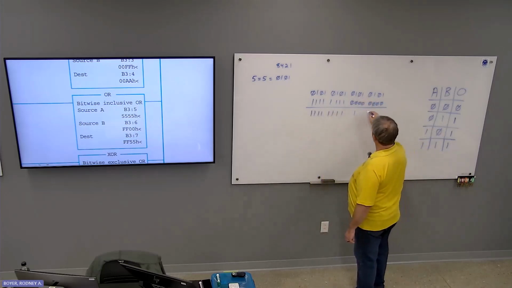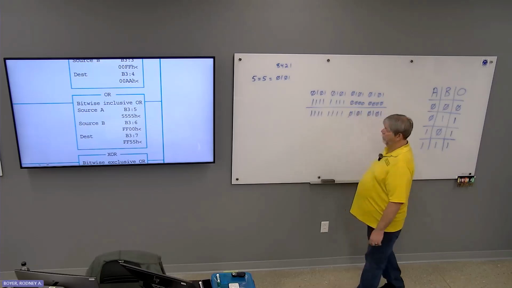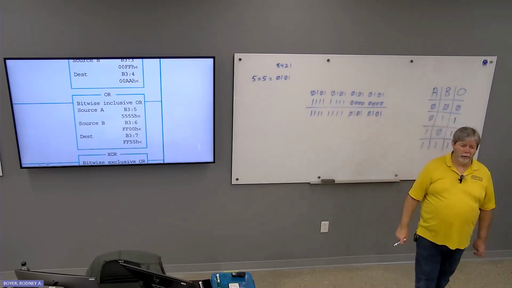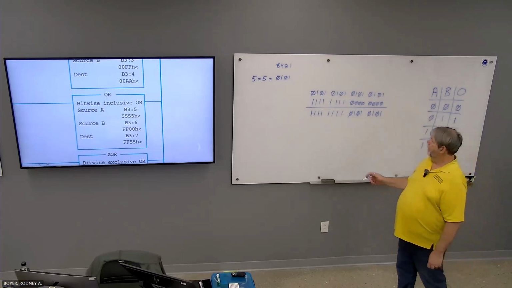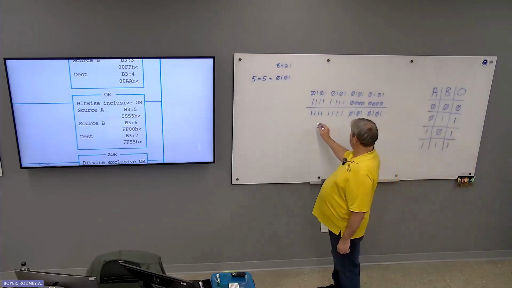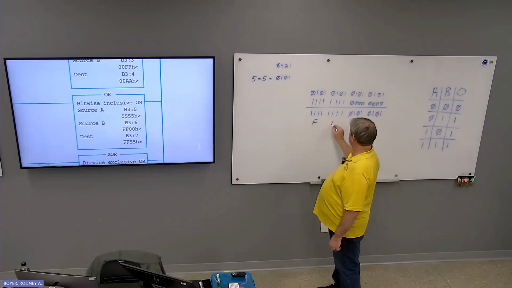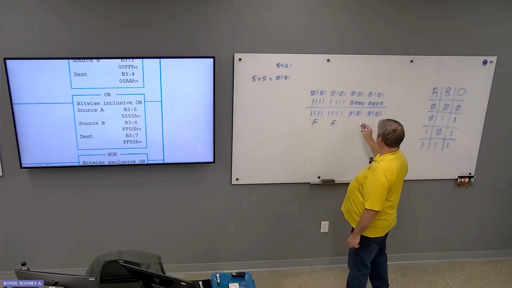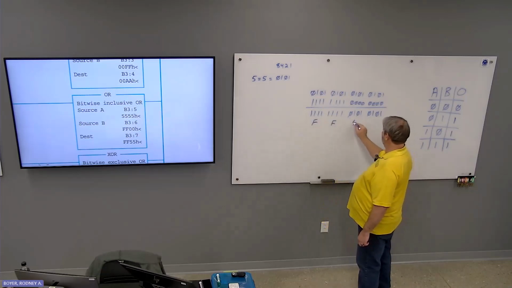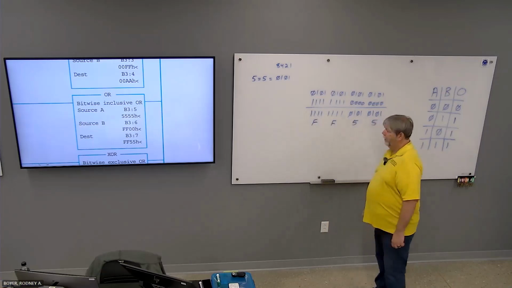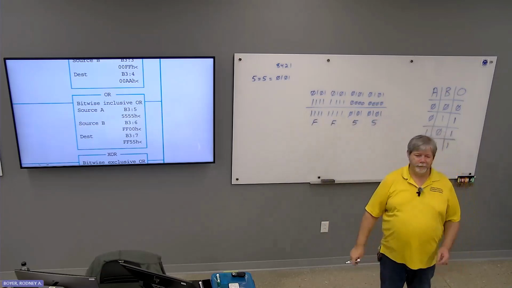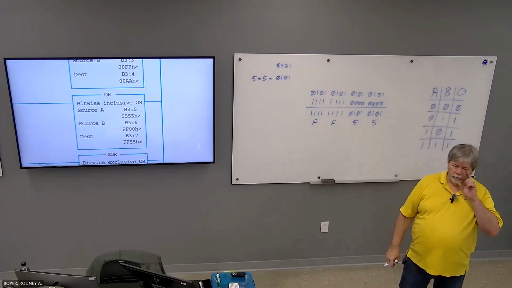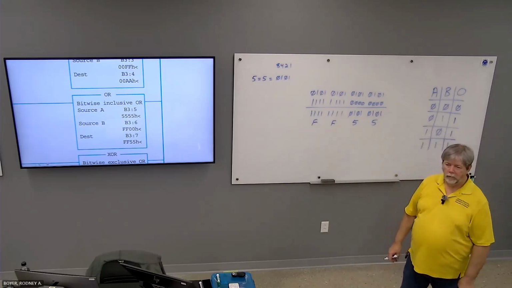Anything ORed with a 1. And then both of them are 0. Get a 0 in the output. So 8 plus 4 plus 2 plus 1 is 15. F. 4 plus 1 is 5. FF55 hex. Okay.